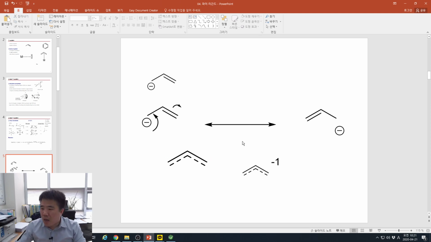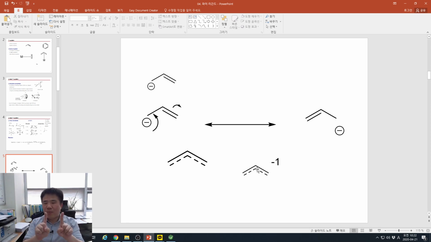So this allyl has a -1 charge, but we don't know which carbon has the -1. Maybe evenly, -1/2, -1/2, total -1.